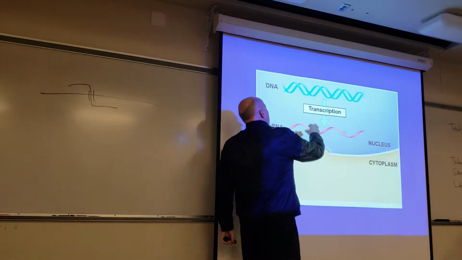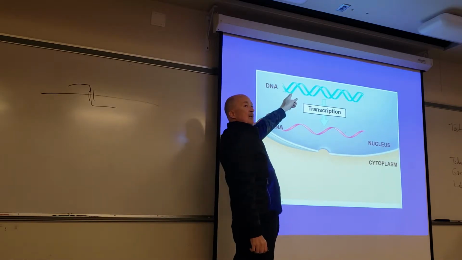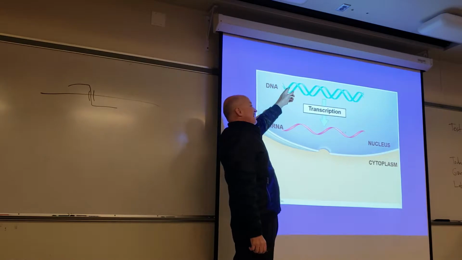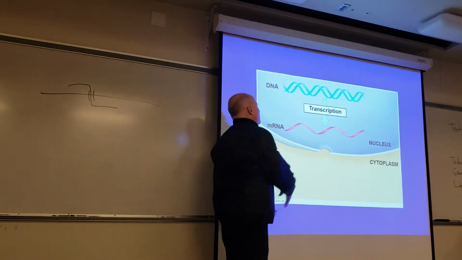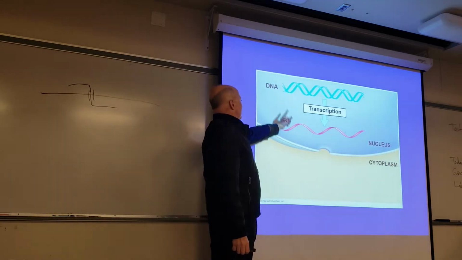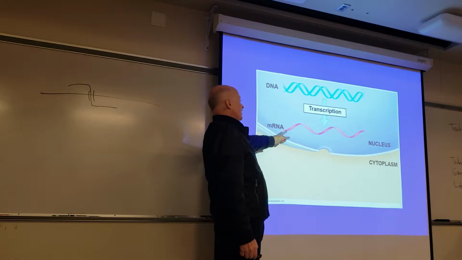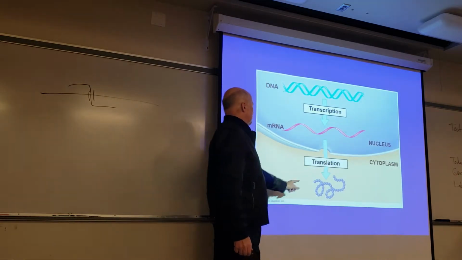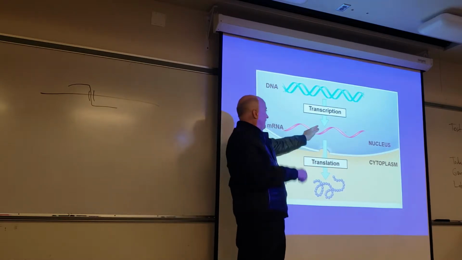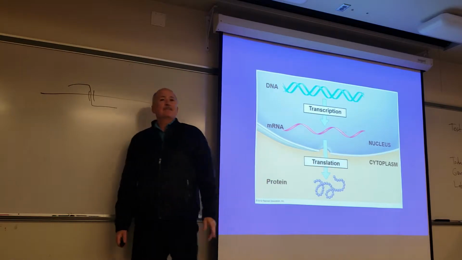It doesn't need to copy the second one because really each strand here has all the information necessary due to the complementary base pairing. You have A's with T's, C's with G's. You only need one of those strands and you have all the information. So we make this single copy of the messenger RNA, single strand. It leaves the nucleus, and then ribosomes attach to this, and they start using the information there to make a protein out of the amino acids.